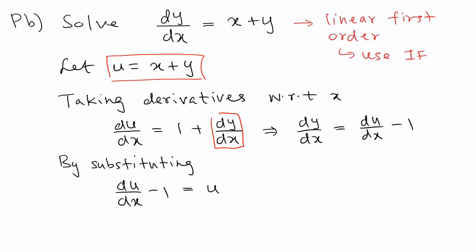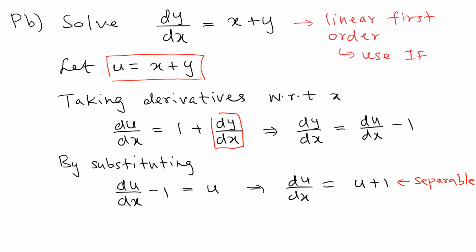We're going to add one to both sides first. That means you can write du over dx equals u plus 1, and you can see this is separable now. So this equation started as first order linear, but once you move terms, now it's separable.